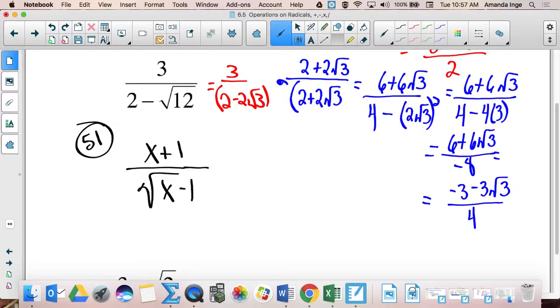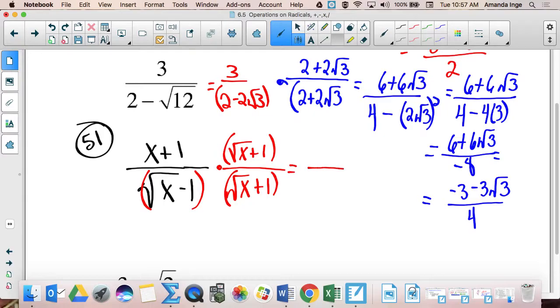We'll start with this one. What's the conjugate of the denominator? Square root of x plus 1. When we square the square root of x, we get x, minus 1, because square root of x times square root of x is x, and then we square 1, we get minus 1.